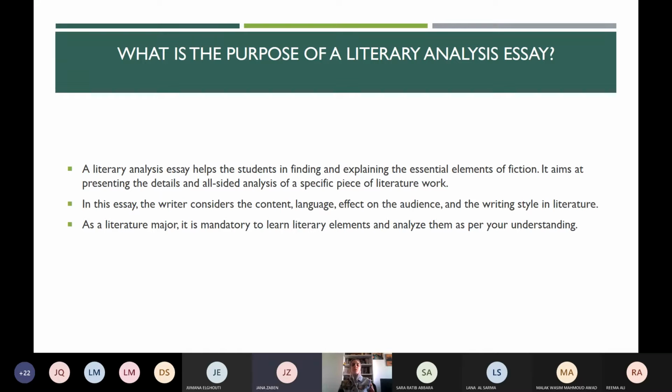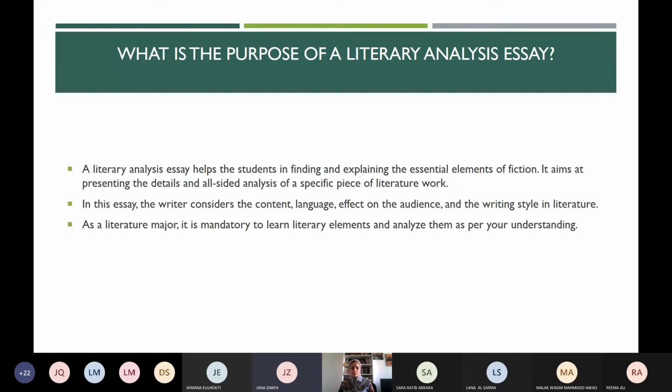Read this. What is the purpose of a literary analysis essay? Why do we write literary analysis? Read, Jana. A literary analysis essay helps the students in finding and explaining the essential elements of fiction.